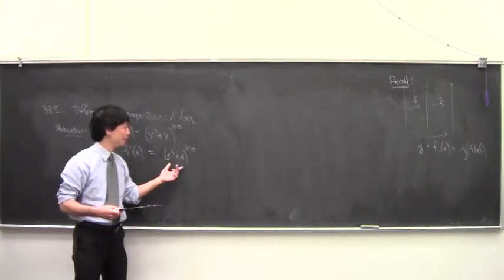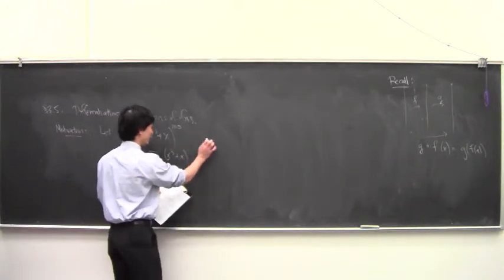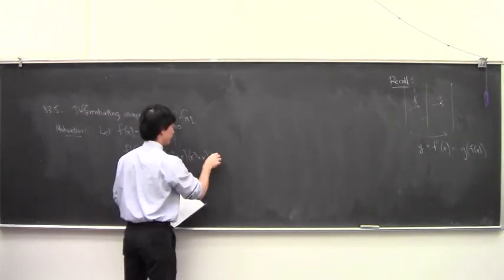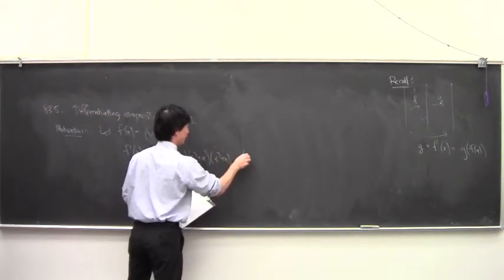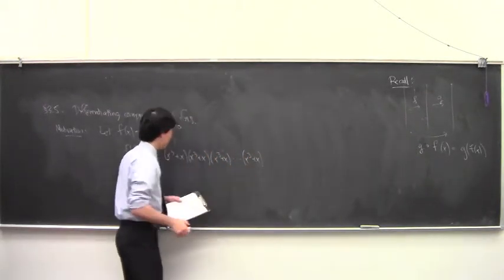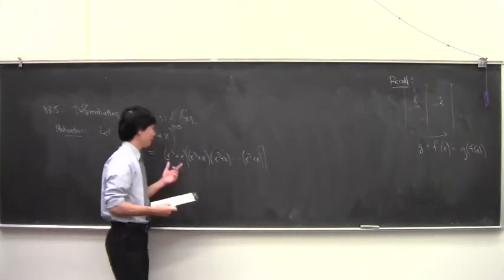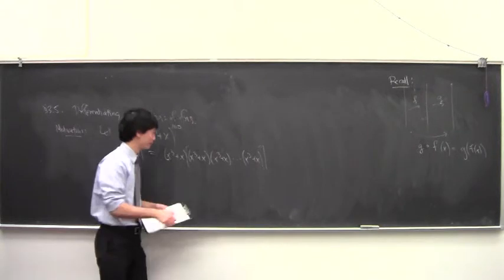Okay, that's one way you could do it. Another way, which is even worse, is don't use Pascal's triangle, but use the product rule and say, I'm going to take the first guy times the derivative of the second guy.